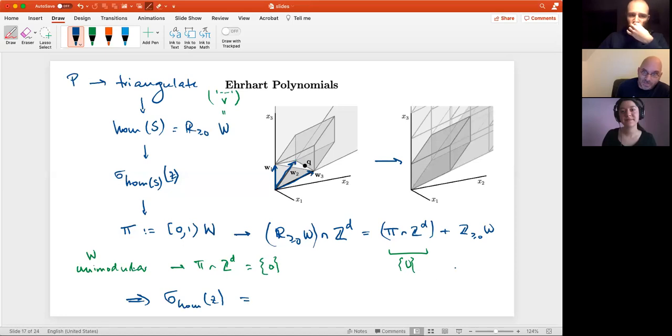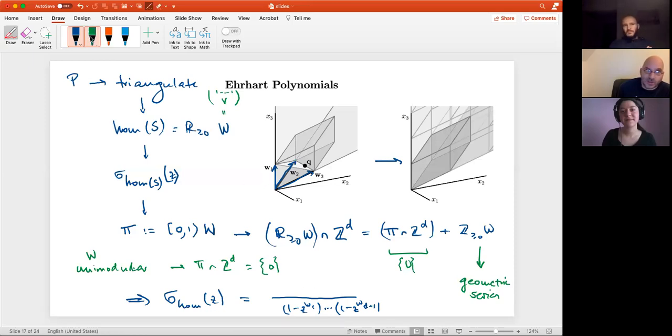From here, we're going to get the same kind of geometric series as before. So I get 1 minus, let me just write this as z to the w1. So these are my columns now. Down to 1 minus z to the w d plus 1, I guess.